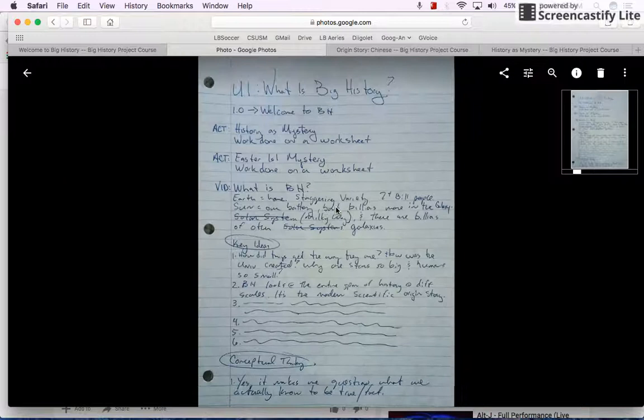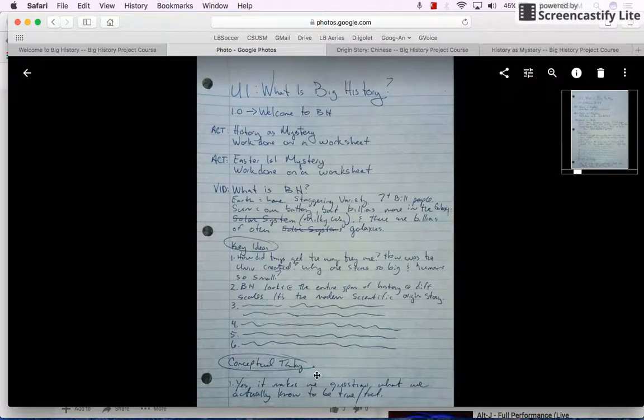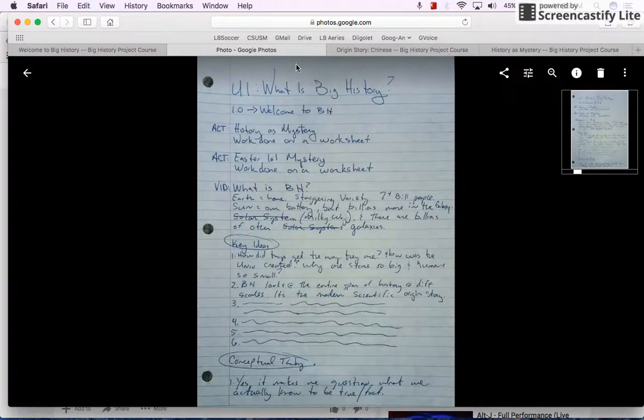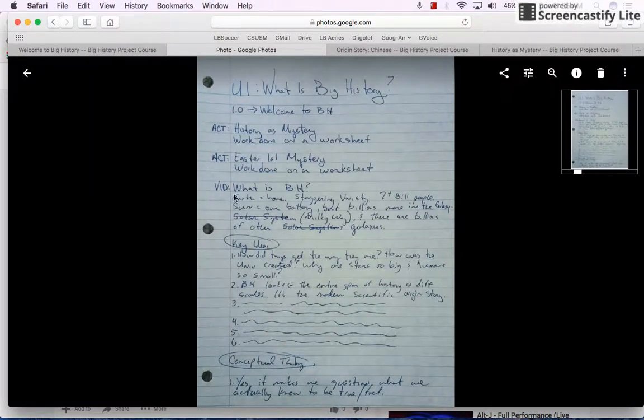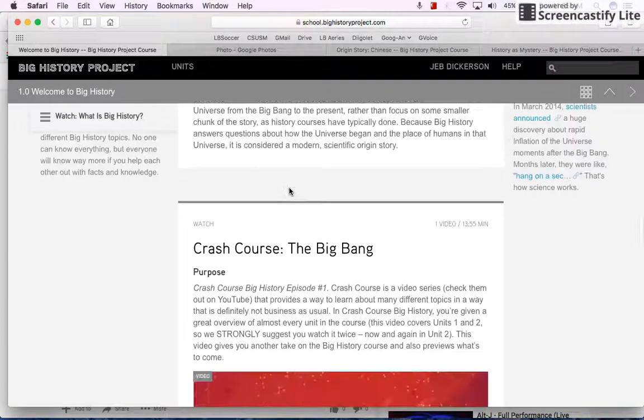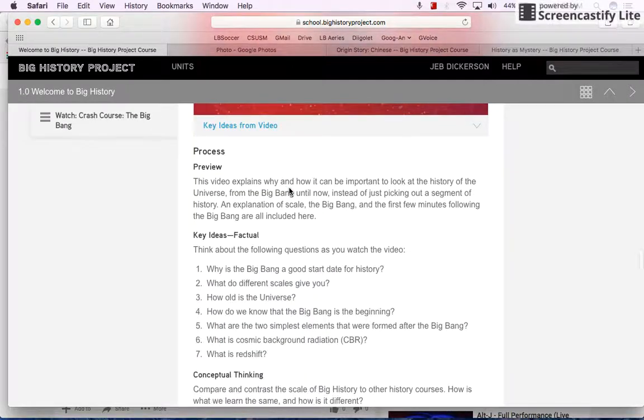I think that's it there. So that's an example of what I would expect to see in your notebook. Unit 1, Lesson 1: mention of each and every one of the activities that I've asked you to do, and then the relevant notes associated with it. If it's done on a worksheet, you can state that. But if it isn't, the notes should be there. Now, I didn't continue through all the others, but the same would apply.